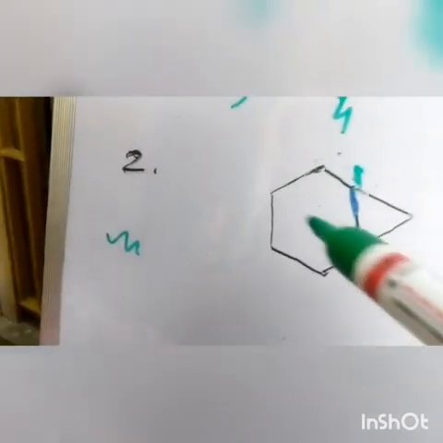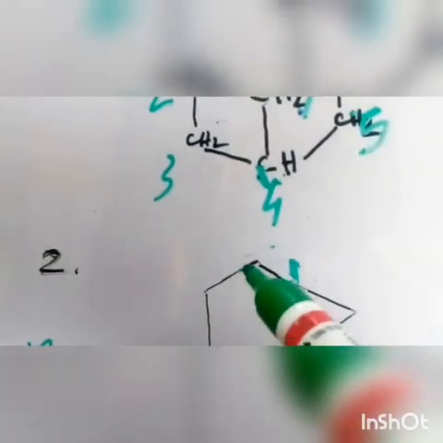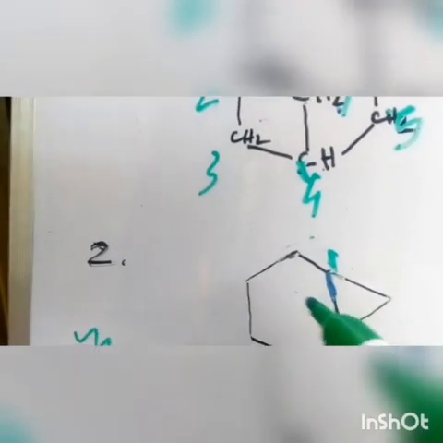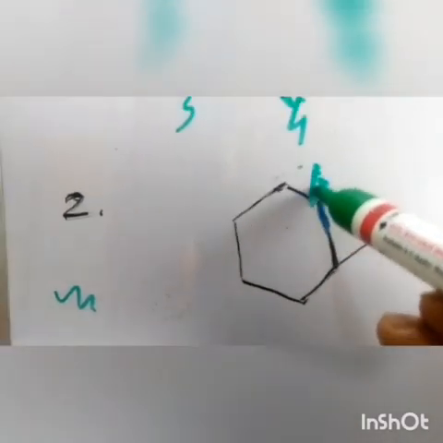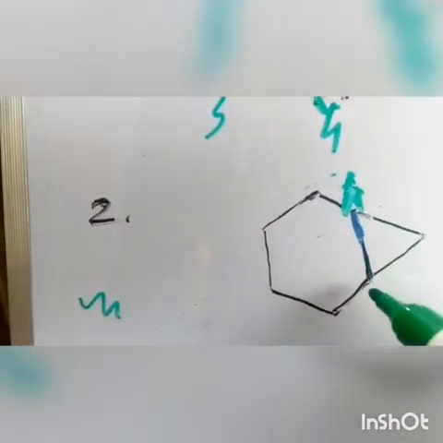And this is another bicyclo compound, 2 fused rings, and one ring contains more carbon atoms than the other ring, and this is a bridgehead, one bridgehead and another bridgehead.